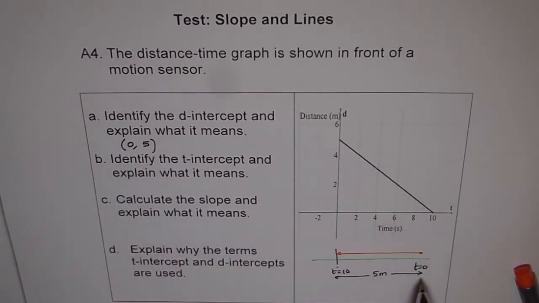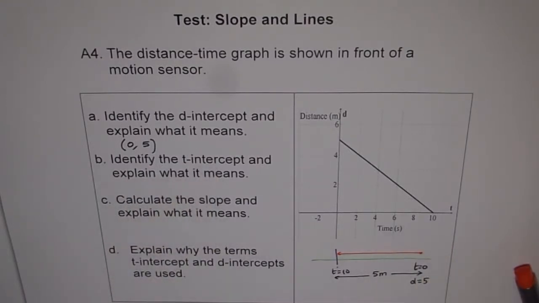It means, as I was saying, that at the start, the object is 5 meters away from the motion sensor. So here the distance d equals 5, right? The object is 5 meters away when the readings have just started.